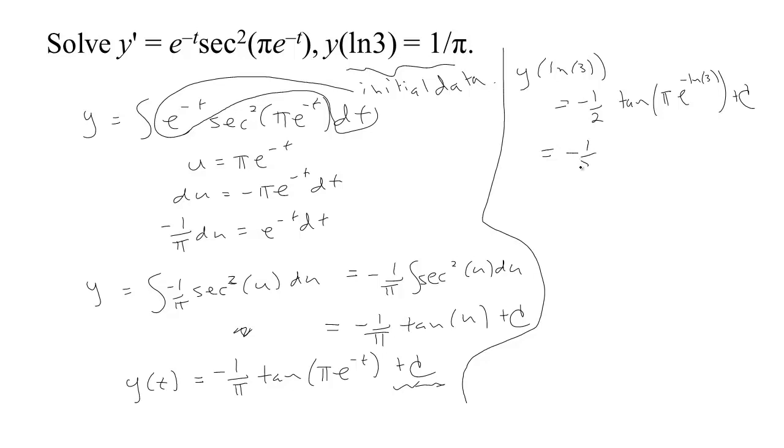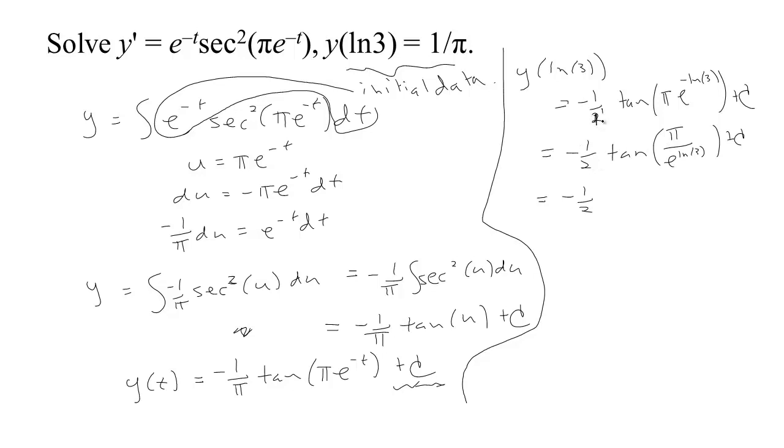That's negative 1 over pi times the tangent of pi over e to the natural log of 3 plus c. All I did was, since that had a negative exponent, I took it downstairs so we'd have a positive exponent.